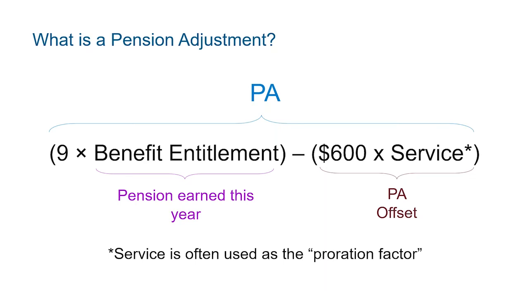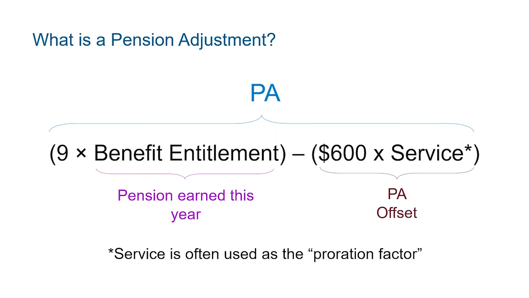Generally, PA formulas are pretty similar, but they can differ slightly based on the type of pension plan. The 9 is standard and is set out in the Income Tax Act, so that never changes. The benefit entitlement represents the pension the member earned in the tax year. The 600 PA offset is also standard and acts to reduce the total PA amount, meaning it would take up less RSP room.